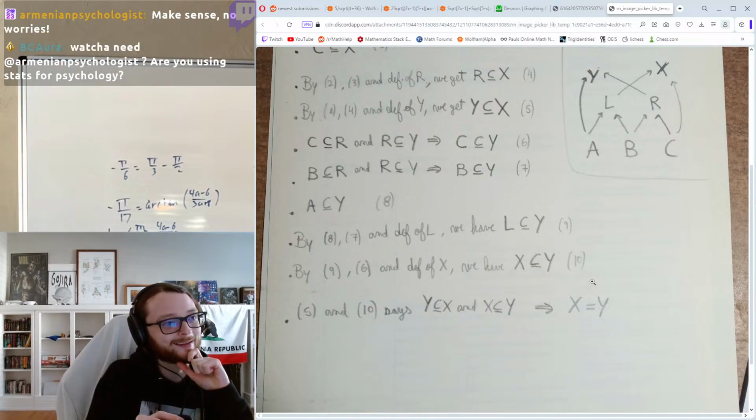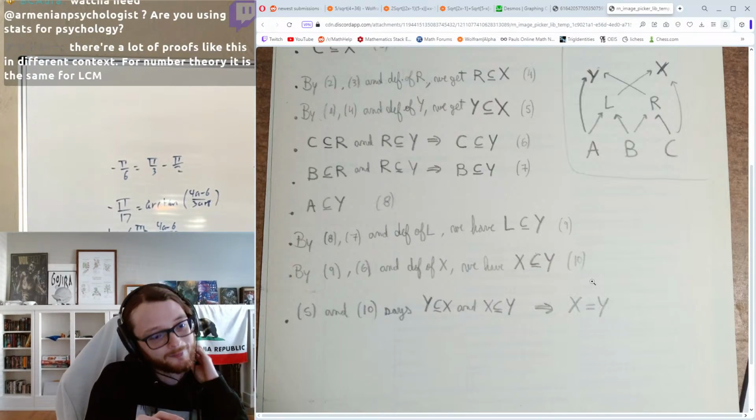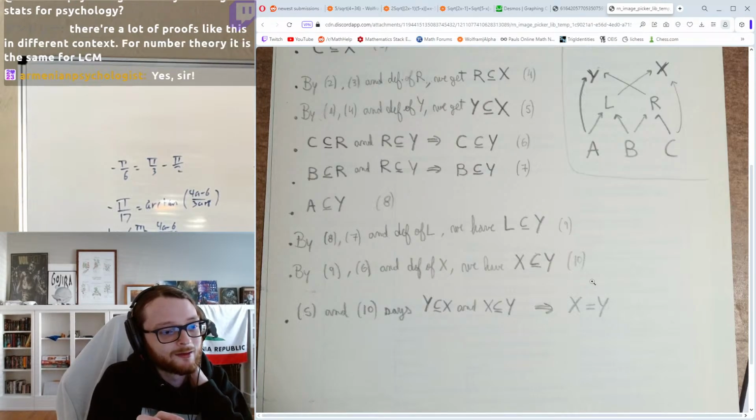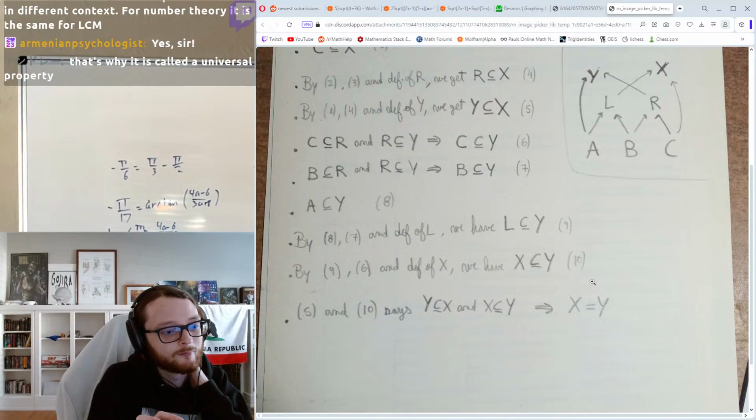I have a hard time recommending someone in the stream in particular, but if someone wants to step up, it's more than welcome. There's a lot of proofs like this in different contexts. For number theory, it is the same for least common multiple. So it's, oh, okay, that's the universal property thing.